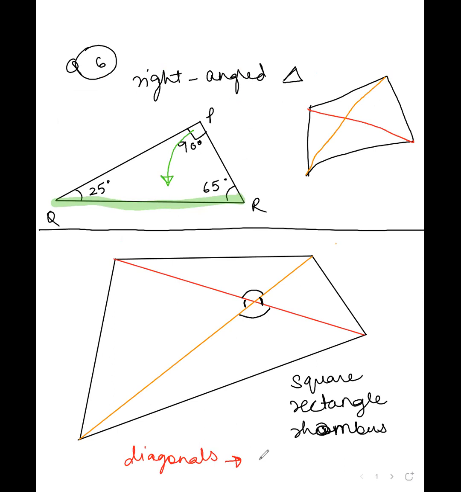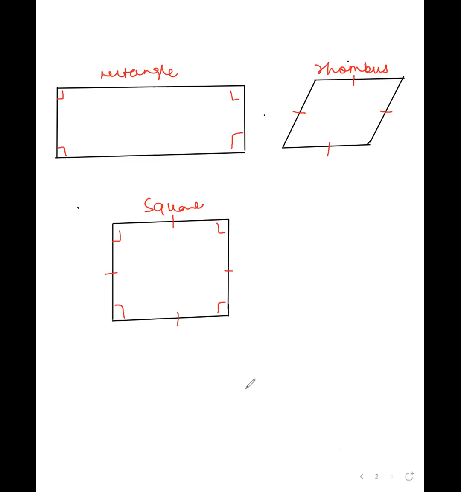are perpendicular. What is the meaning of perpendicular? Perpendicular means lines that form 90 degree with each other. If you have two lines like this and like this, and they are forming a 90 degrees with each other, then they are said to be perpendicular.